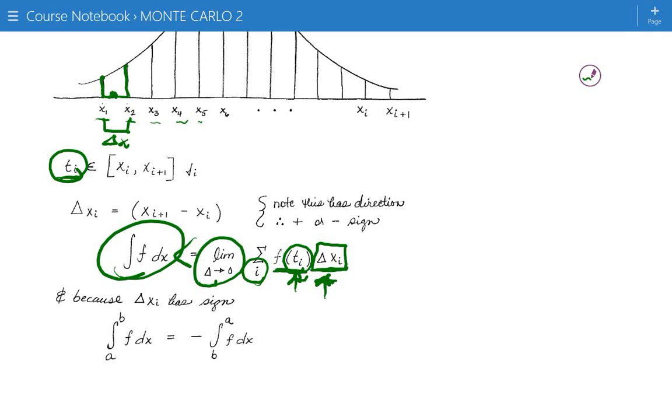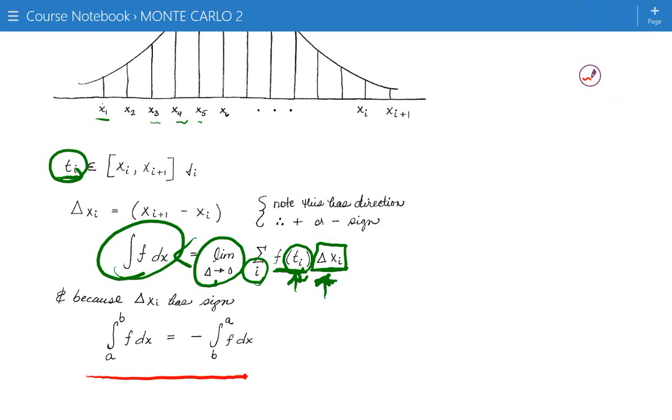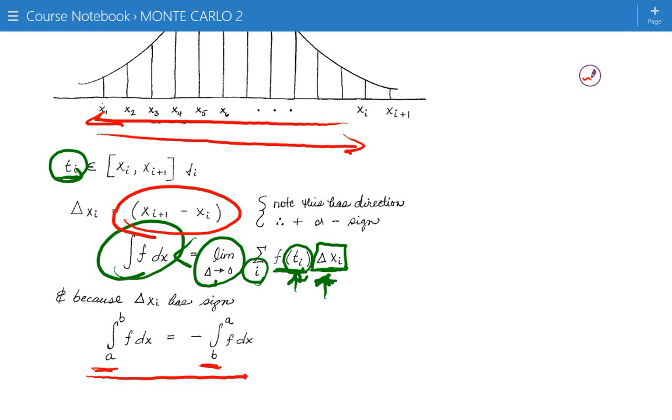And again, as indicated here, this identity, a to b, negative of b to a, it comes down to the idea that this has a sign, and so if I were to integrate this way, and if I were to integrate the other way, I would get the opposite sign.